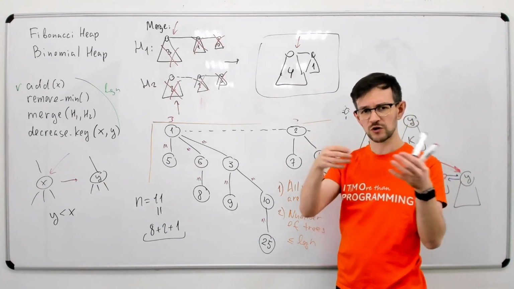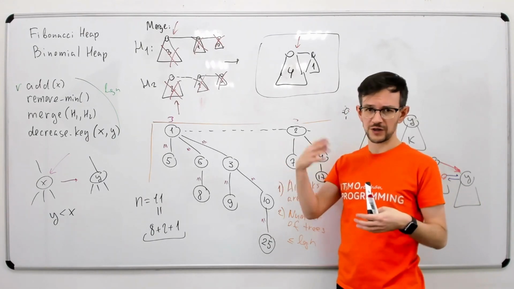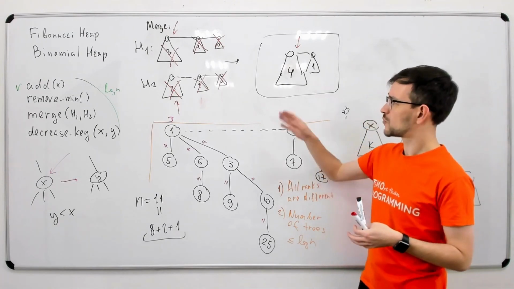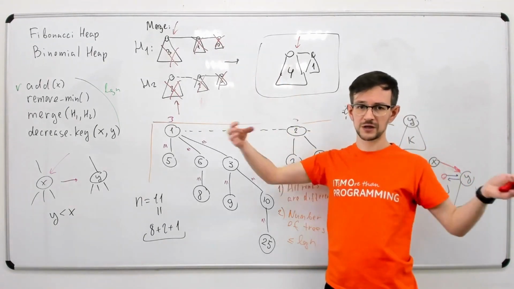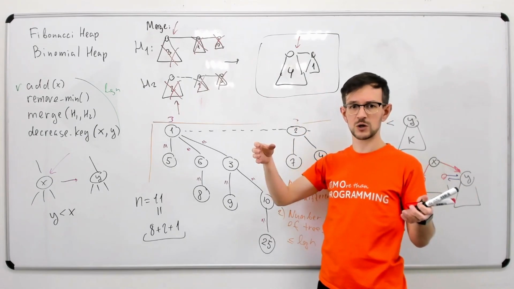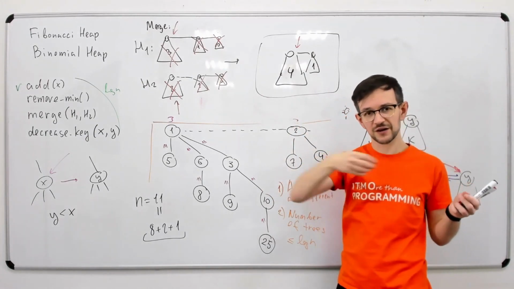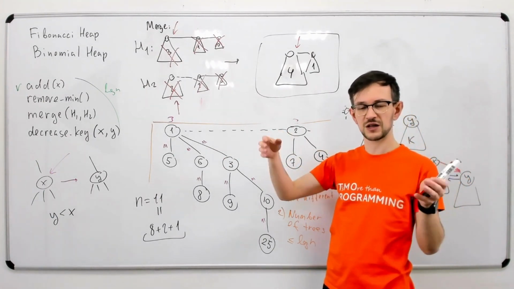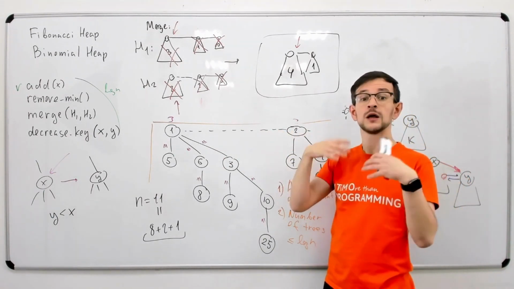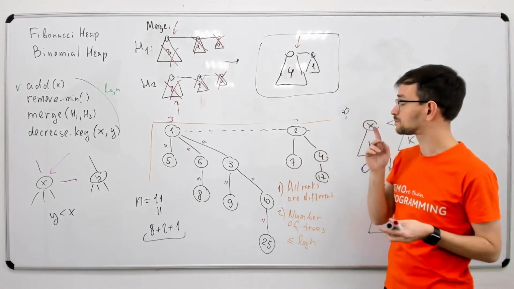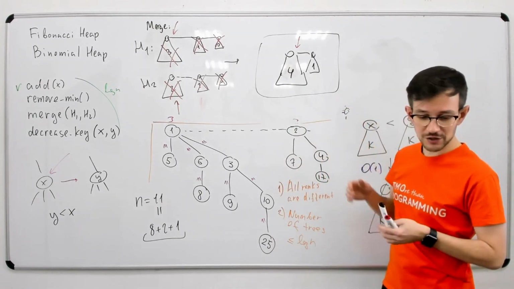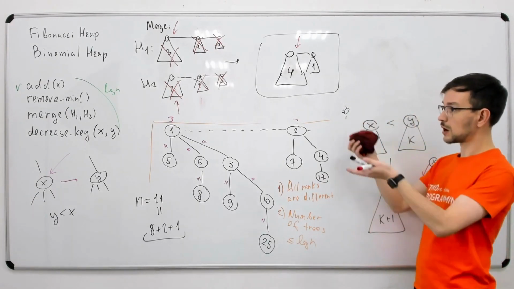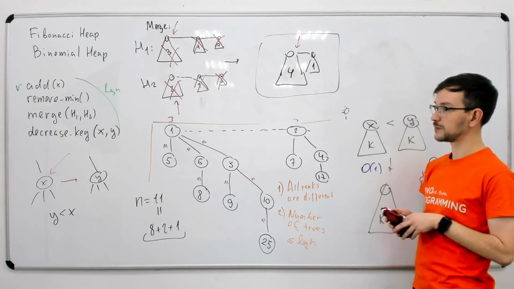You can just merge these two lists into one big list, with some trees of equal rank, and then in another step you just iterate over all trees, and if you see two trees of the same rank, you just merge them. That's also possible. It's as you wish. That's how you merge two binomial heaps.